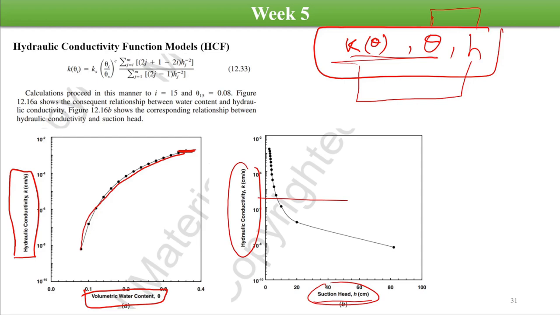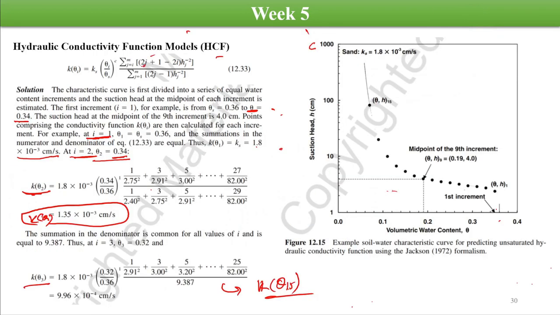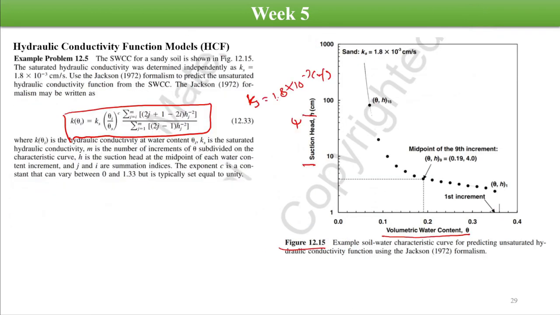So as the suction decreases, the hydraulic conductivity increases, or the opposite: as the suction increases, the hydraulic conductivity decreases. In this way we can use this formula of Jackson.